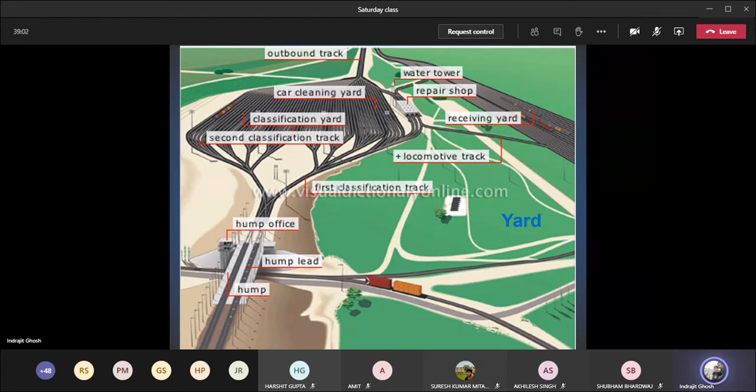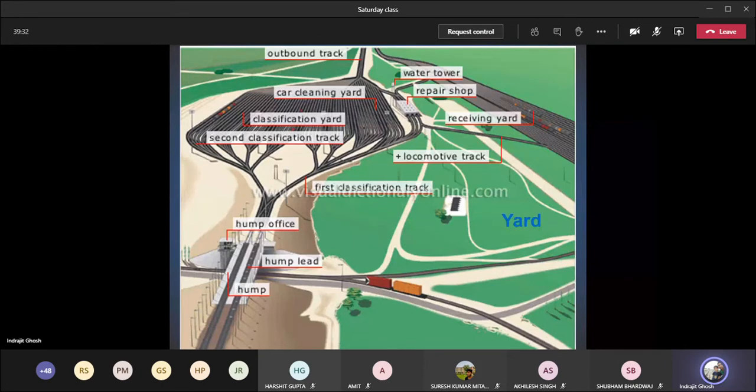Now, in case of station, the station is one location where the passenger will be getting into the train. It is not like road transport, where we can start or end our journey as per our wish. So it is a designated place where the train will be coming, the passenger will be coming out, passengers will be boarding the train, and the train will again move.